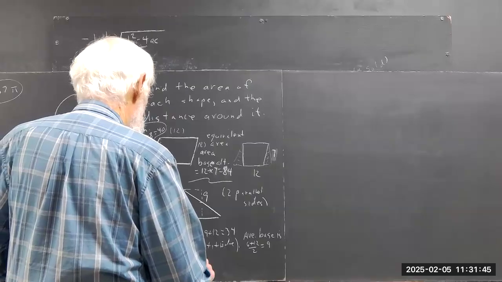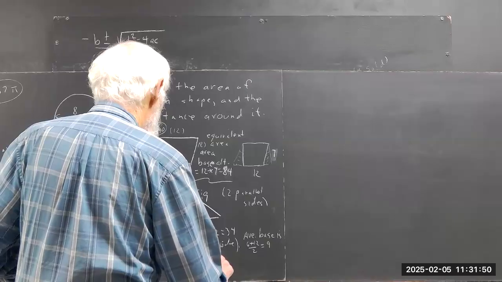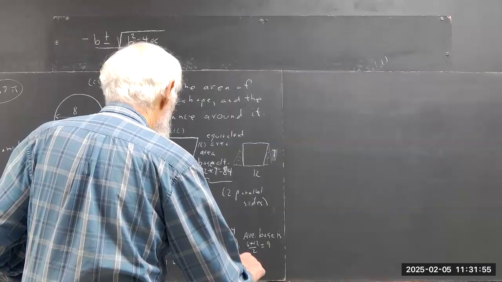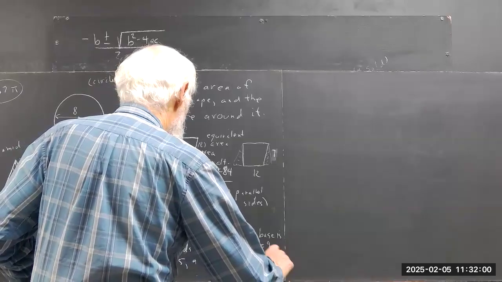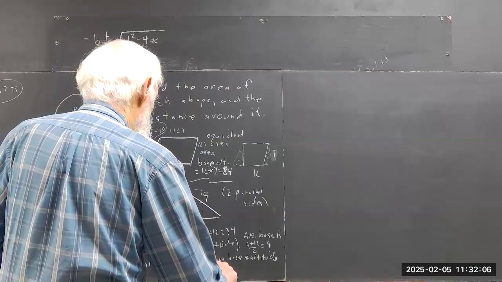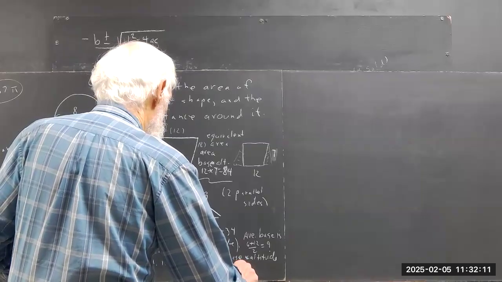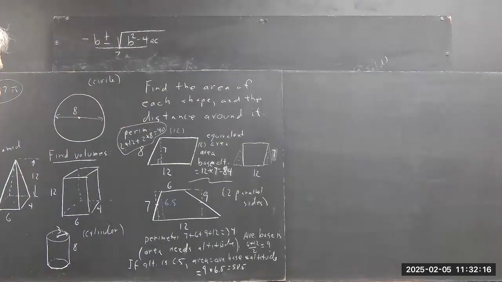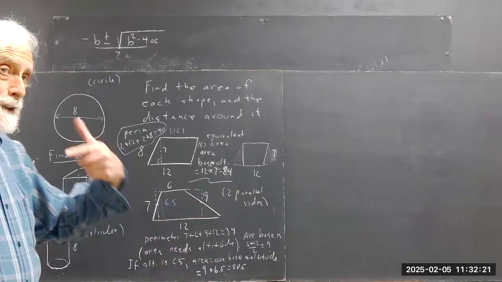The altitude is 6.5. Area is your average base times altitude, which is 9 times 6.5, which I believe would be 58.5. 9 times 6 is 54, and half of 9 is 4.5.